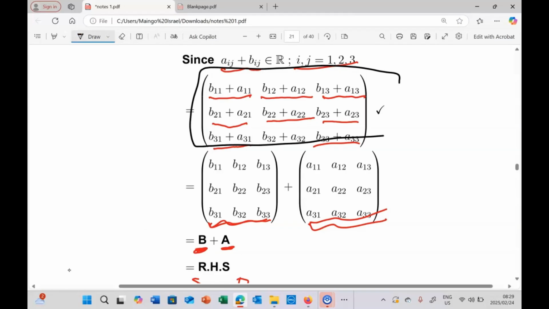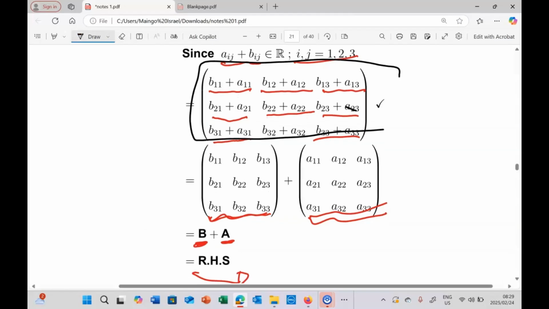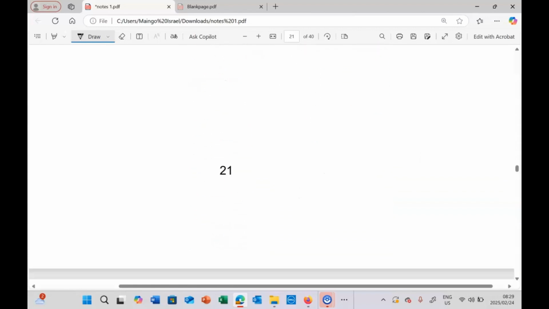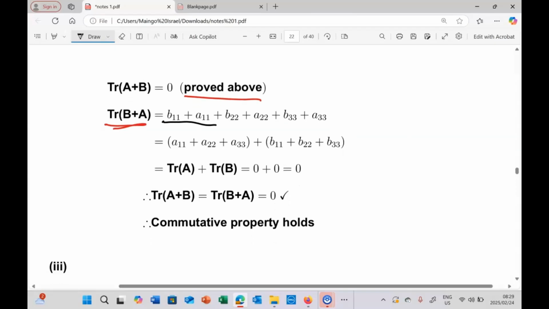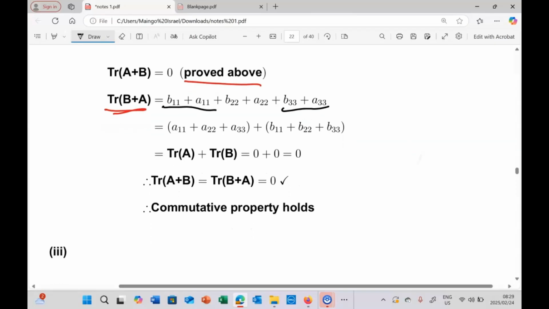So now we're just adding these diagonal elements, which is B11 plus A11, B22 plus A22, B33 plus A33. So that's what we're doing. The trace of B plus A will be B11 plus A11 plus B22 plus A22 plus B33 plus A33.